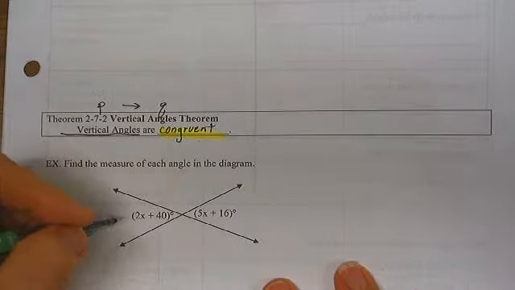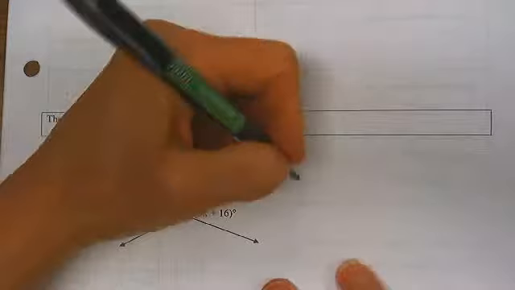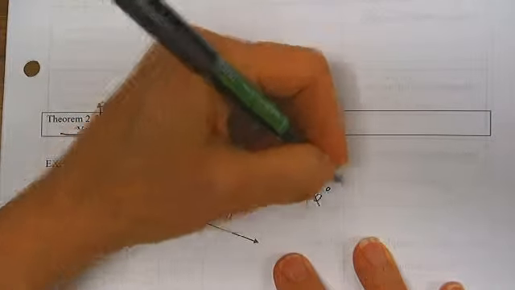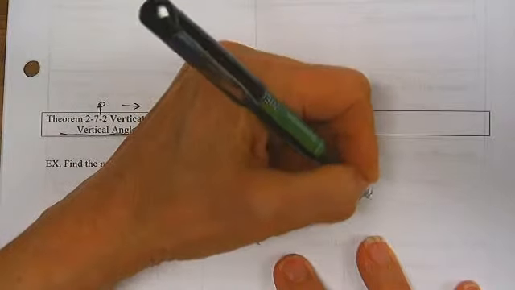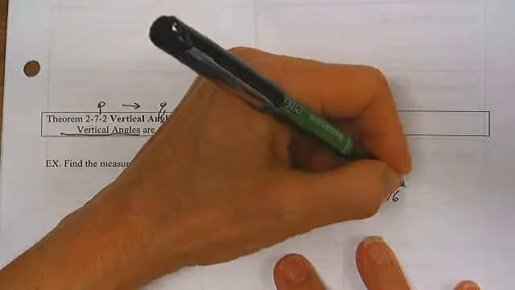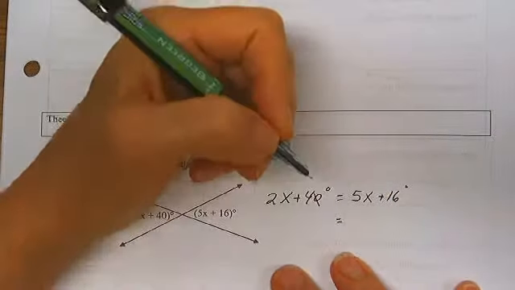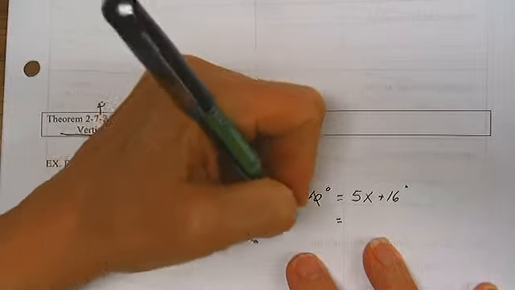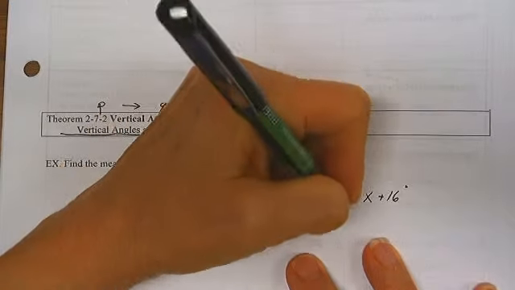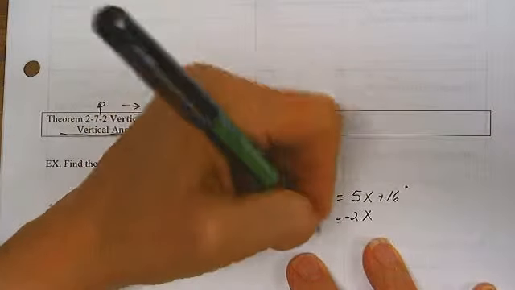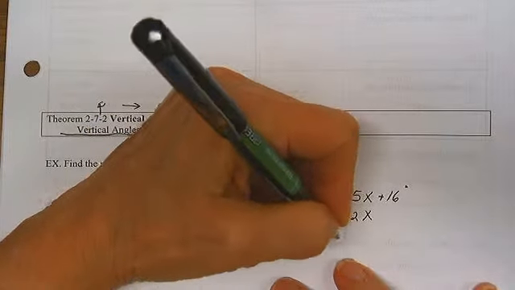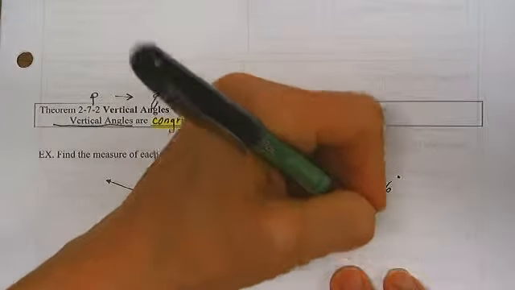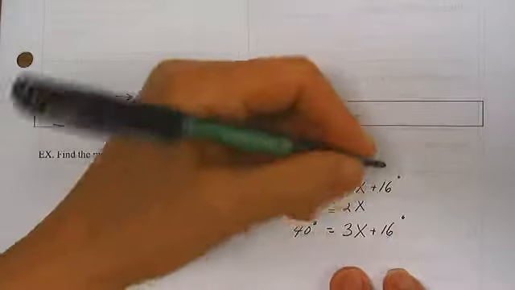We know that they have the same measure, so we know 2x plus 40 degrees is equal to 5x plus 16 degrees. I am going to subtract 2x from each side. That gives me 40 degrees equal to 5x minus 2x is 3x plus 16 degrees.